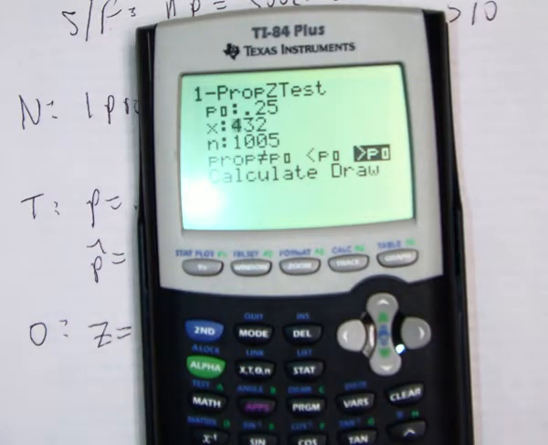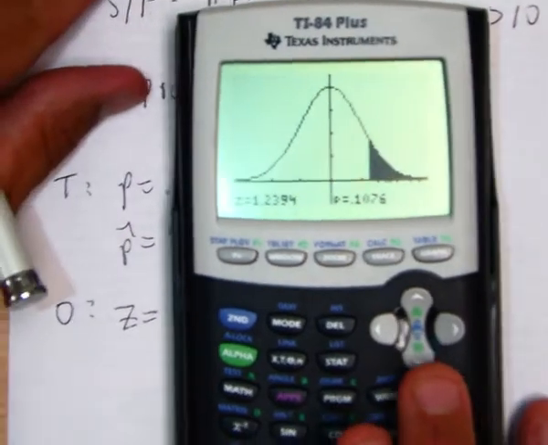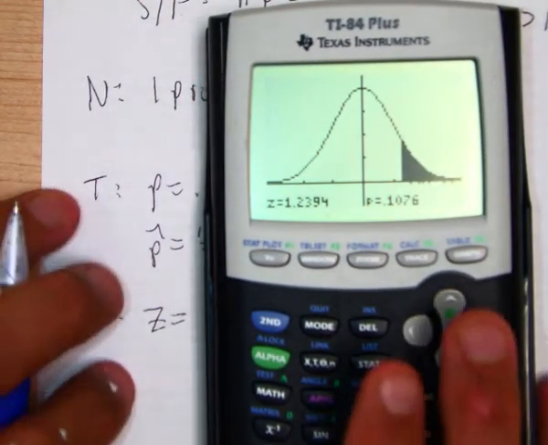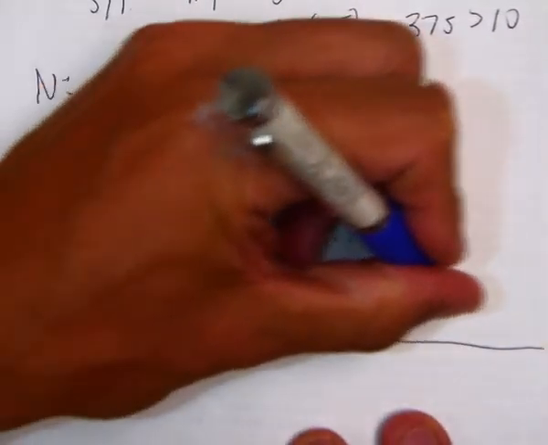There were 137 readers who said they would approve, out of 500, and we're testing greater than. I'm going to draw, and we're going to copy that onto our paper just like that. We know Z is 1.24 and P is 0.1076. So we're going to put that right on our paper exactly as it is.